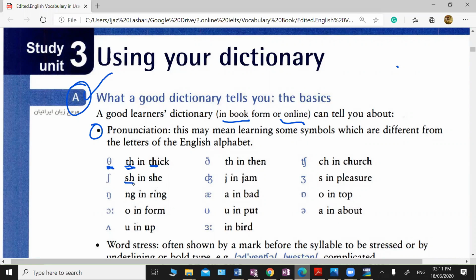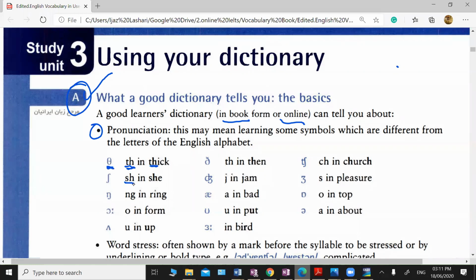That is, for example, the word she. So this is the symbol here, and the word is pronounced as she. Or shut, show, showing. Okay, next one is ng.